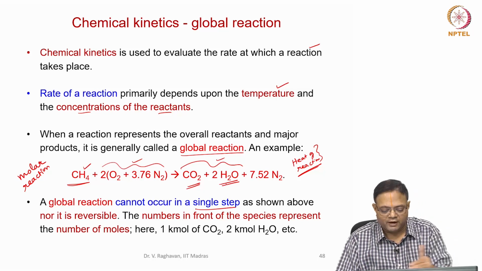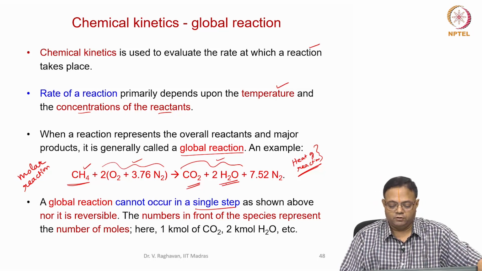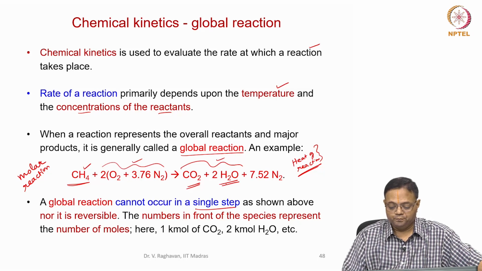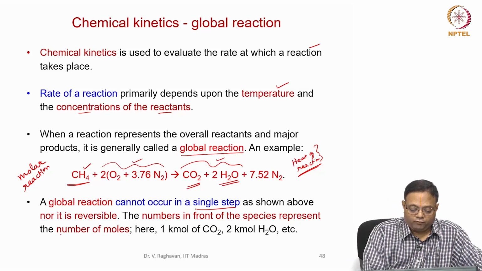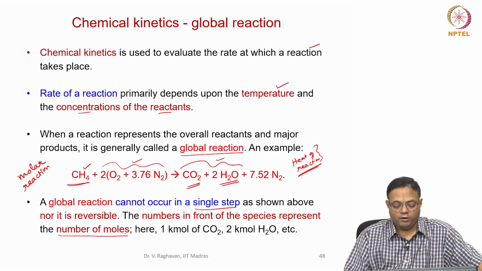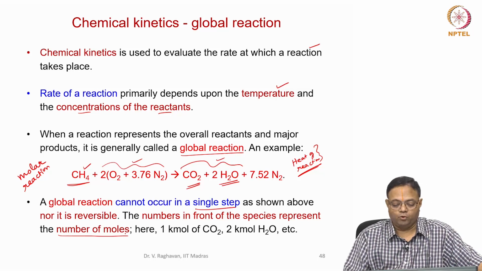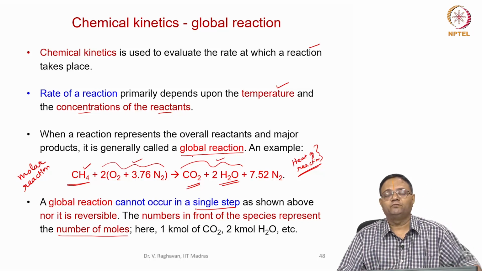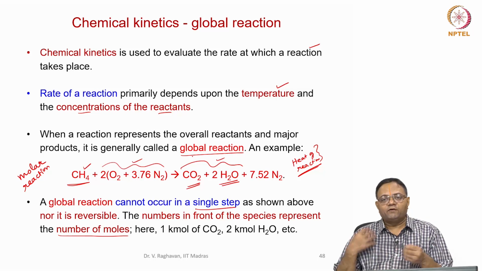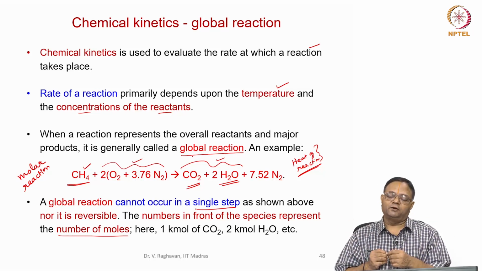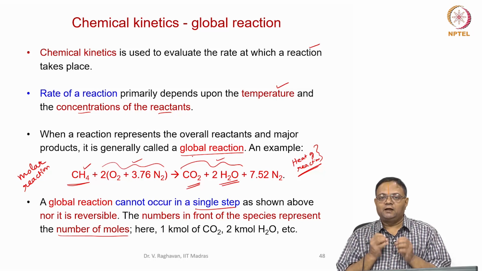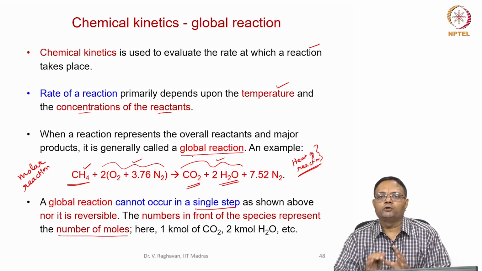That is the way we read this reaction. So, a global reaction is a molar reaction. That means in 1 mole, several molecules are present, but when the reaction really occurs, it is between 2 molecules only.